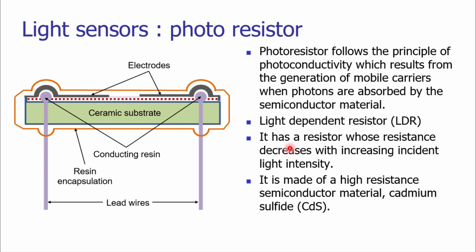These LDRs are resistors whose resistance decreases with increasing incident light intensity. One such material is cadmium sulfide. This is a semiconductor material, and its resistance is very high in the dark. That property is utilized to detect the light.